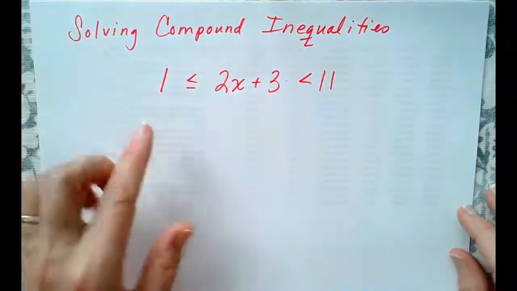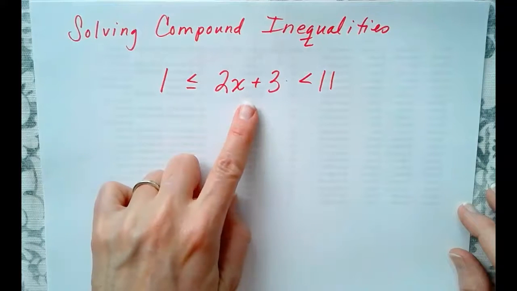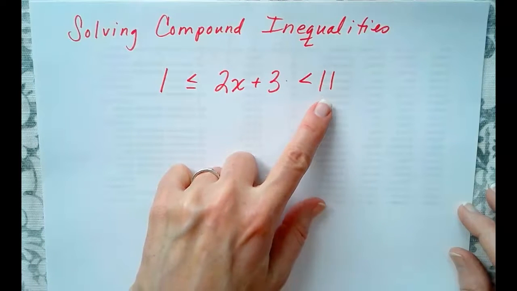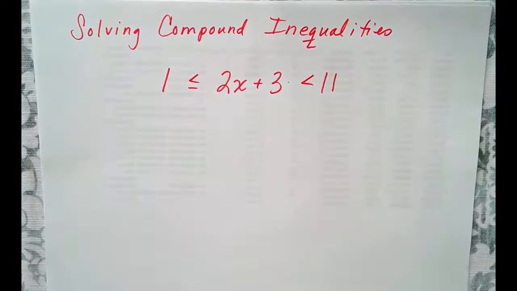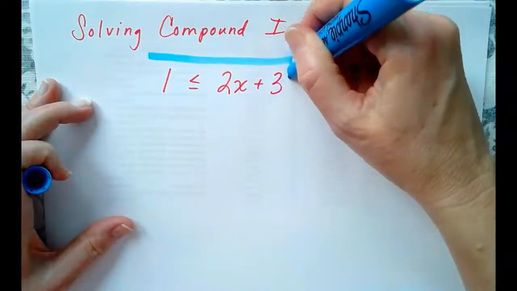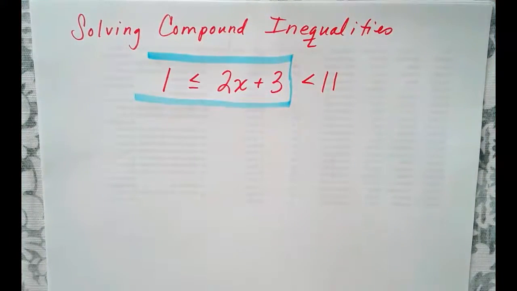So first of all, we have 1 is less than or equal to 2x plus 3, which is less than or equal to 11. So think of these two inequalities separately. Here's the first one, and here's the second one.